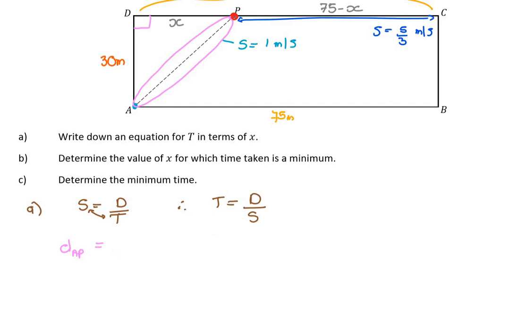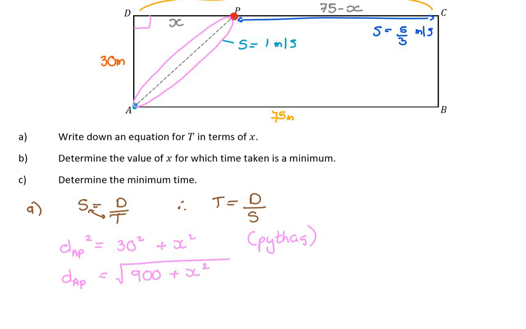Let me rather say it like this. The distance from A to P squared would be equal to 30 squared plus x squared, and that's Pythagoras. And therefore, the distance from A to P is equal to the square root of 900 plus x squared.